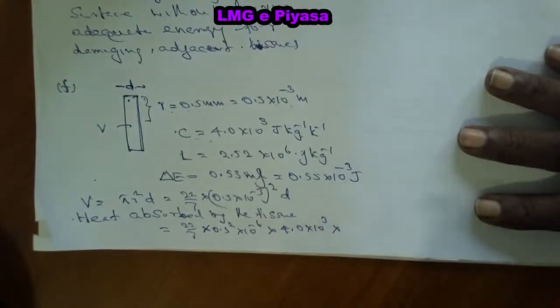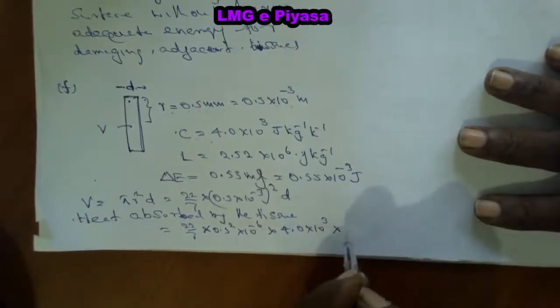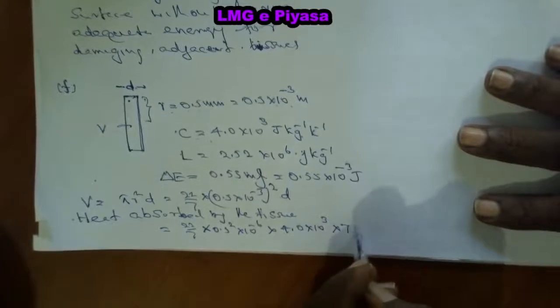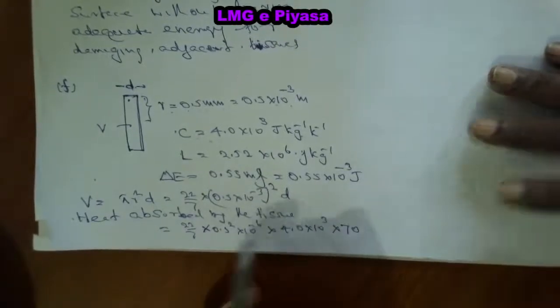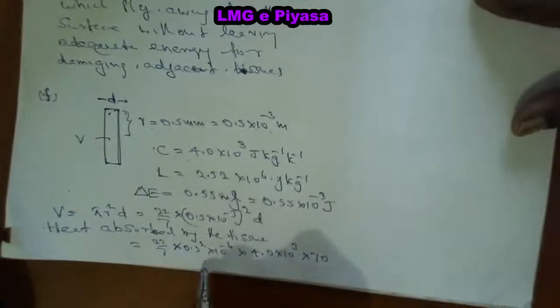Initial temperature 30 degree, thereafter it increased to maximum of 100 centigrade. Total increase of temperature is 70, right? So this is the heat absorbed by the tissue, right?